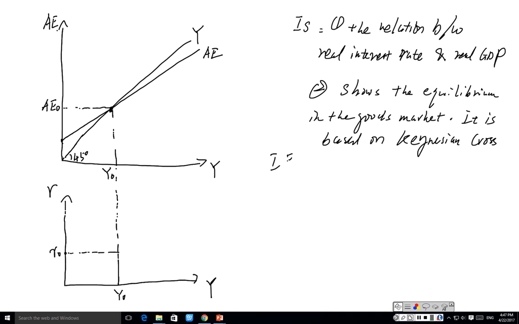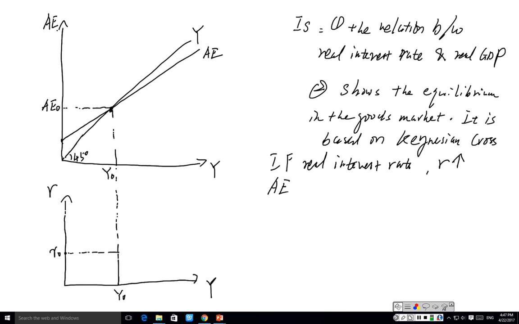If the real interest rate R goes up, what happens? The real interest rate will affect the aggregate demand side.